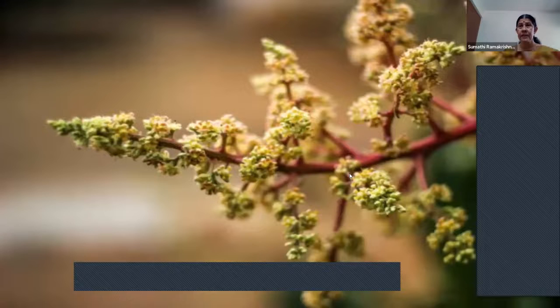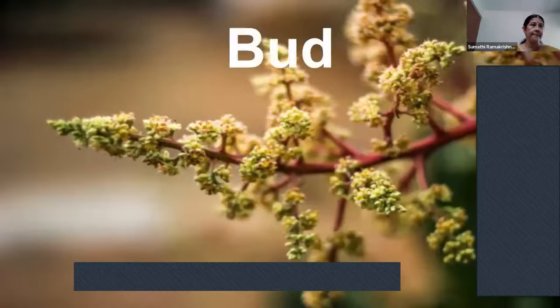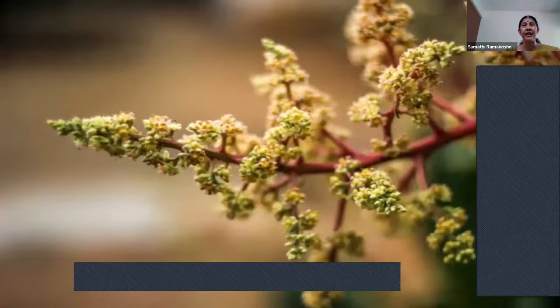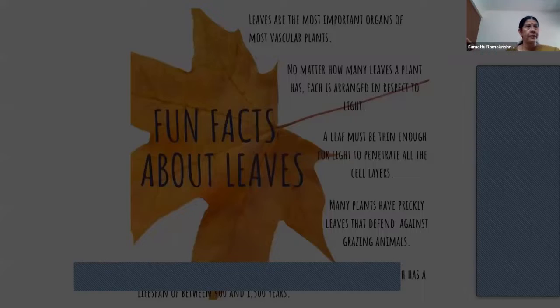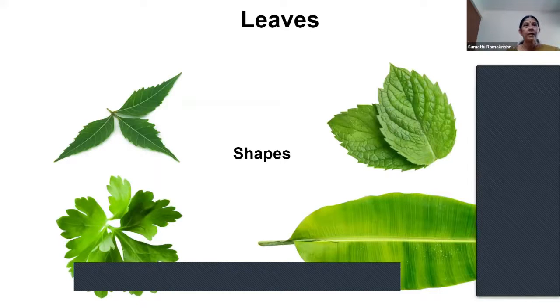And then we talk about the bud. Even when you talk about leaves, you can have an activity. I will stop here. You can ask children to bring different kinds of leaves to class. You draw a diagram of the leaves on the board.